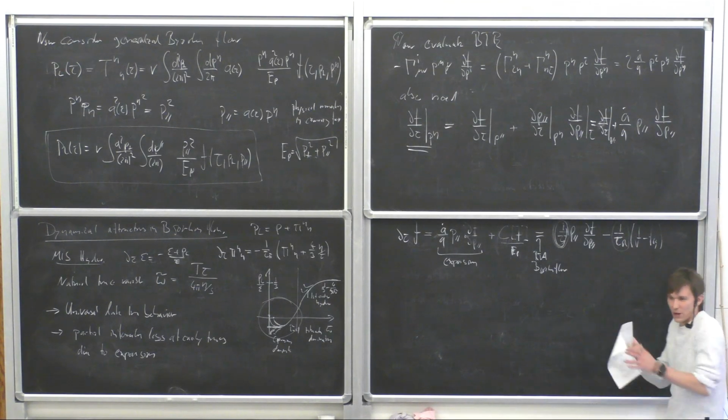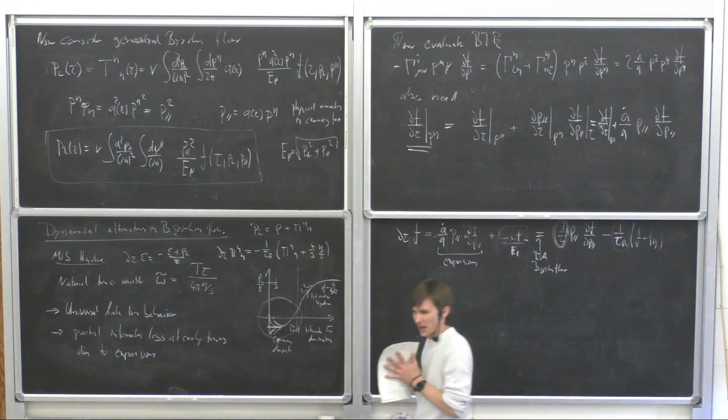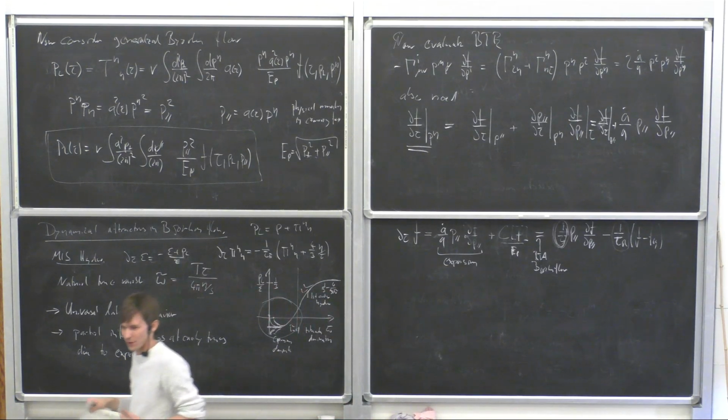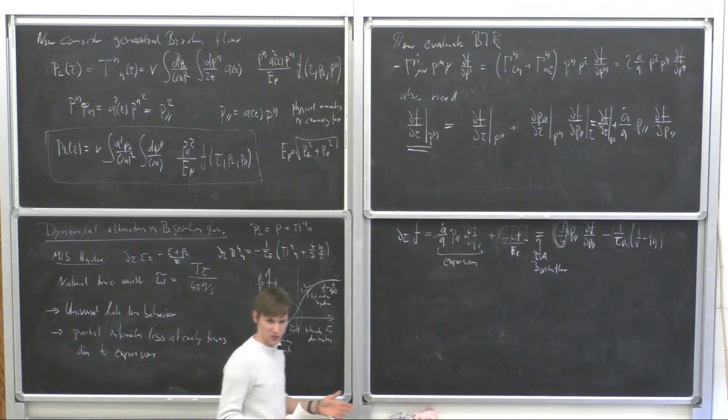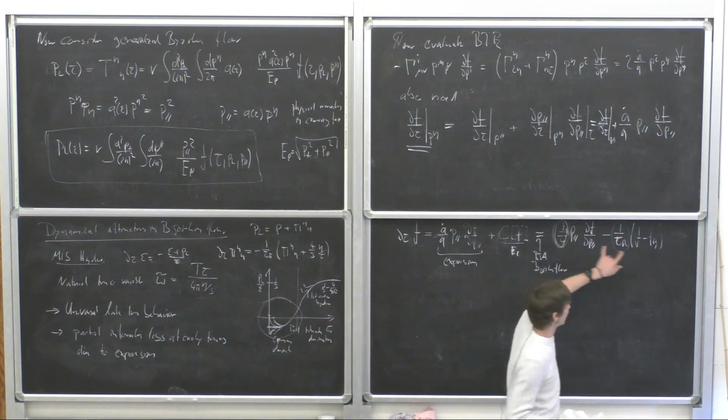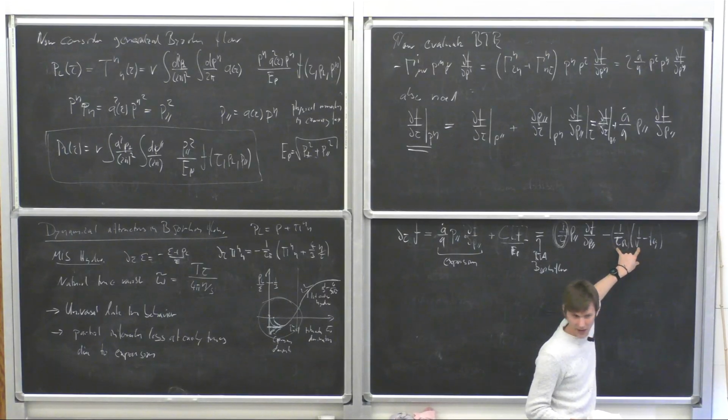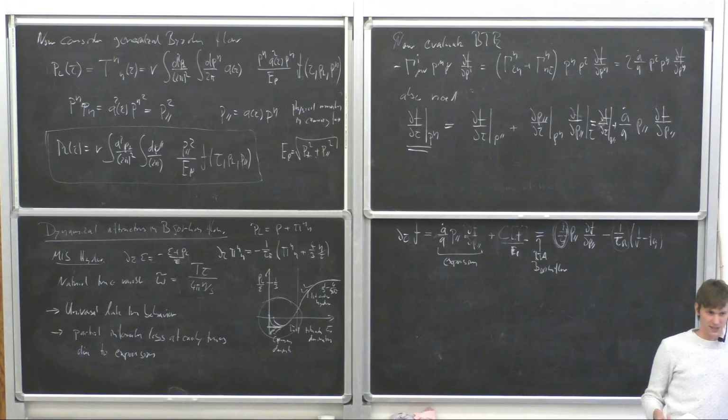If we now start solving this at a given point in time, what will happen will depend on whether tau over tau r is small. Then we're at early times and in an expansion dominated regime. Whereas if tau over tau r is large, then the expansion is weak and we're dominated by the interactions that drive us towards equilibrium.